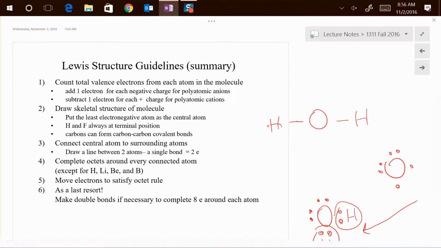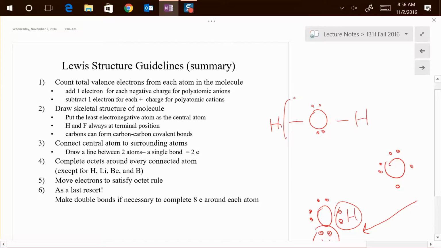Complete octets around every connected atom. How would I complete the octet on this oxygen? It's missing 4 electrons, right? Electrons pair. So I have to put them in pairs. Now that oxygen right there in the middle has how many electrons on it?